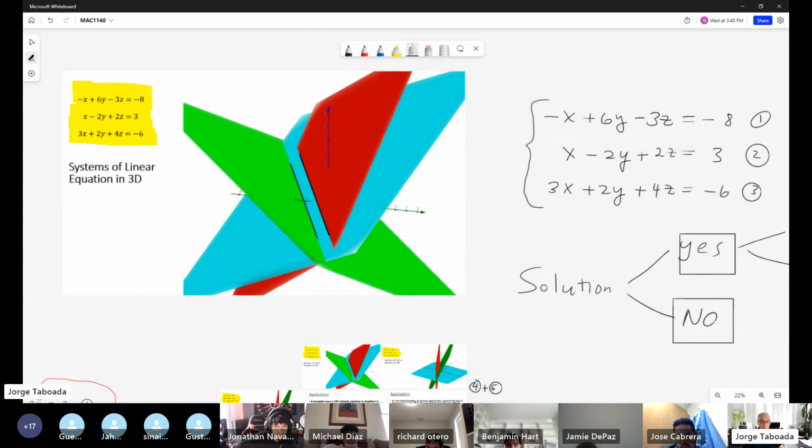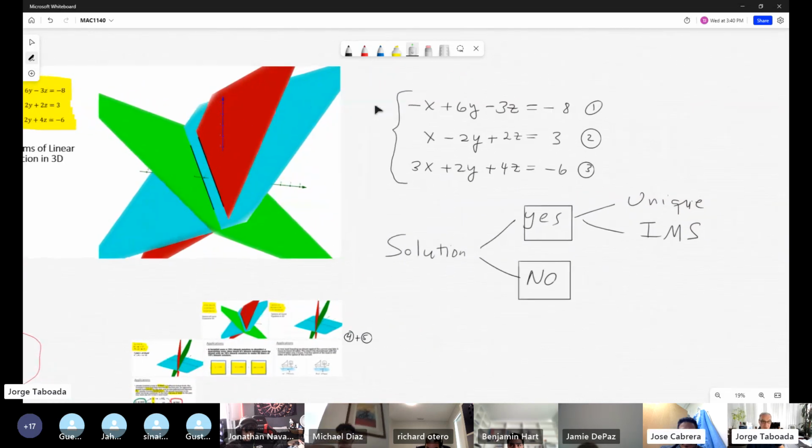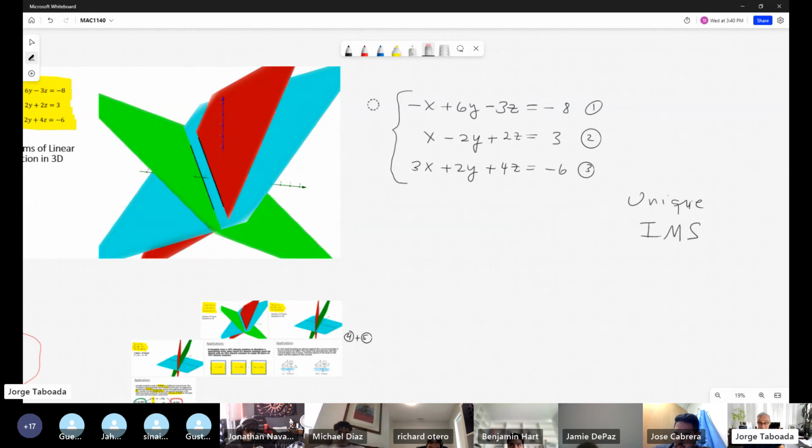But we have no common point among all three. No common point. Do you see or no? Yes or no? Hey, say something. Yes. So, what is the conclusion? No solution. The answer to 'solution, yes or no' is no. It's no solution. Do you see geometrically?